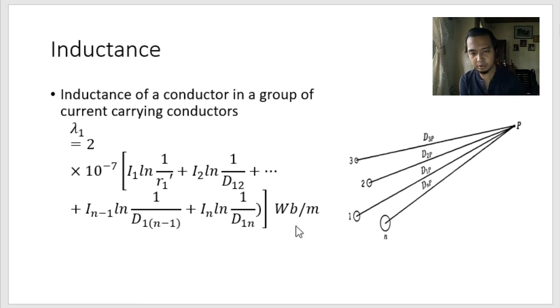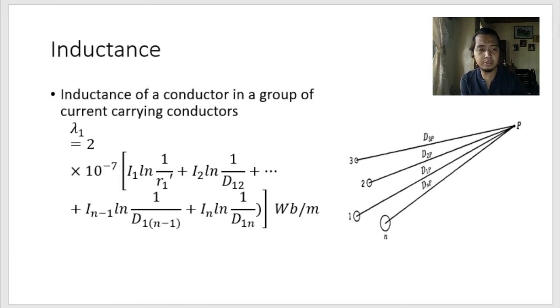On conductor 2, we'll just use the same formula, but instead of I1 here, this is I2, ln of 1 over R2 prime. Then this is I1, ln of 1 over D21, from 2 to 1. Of course, you don't have a D22, since that is the point of R2 prime.